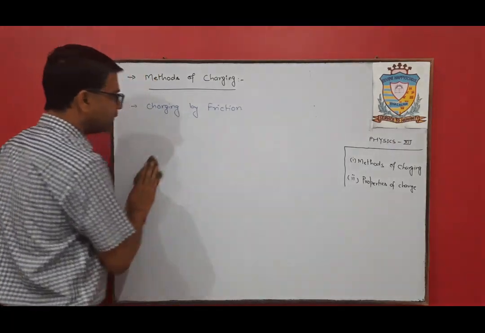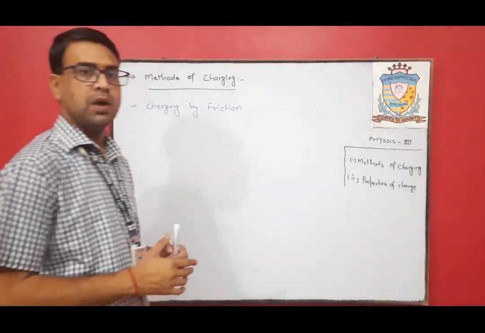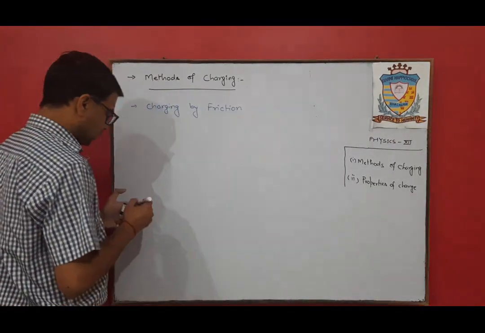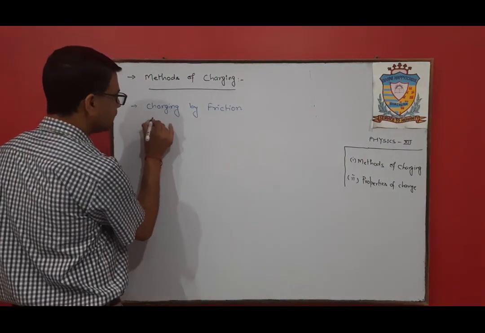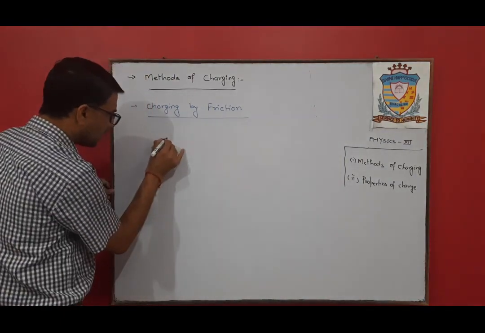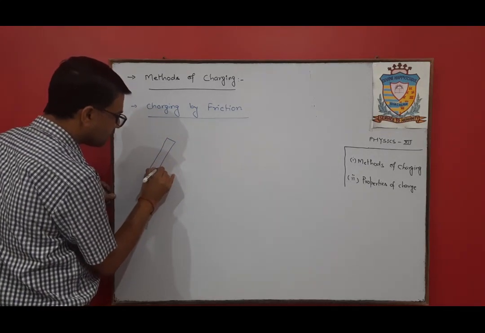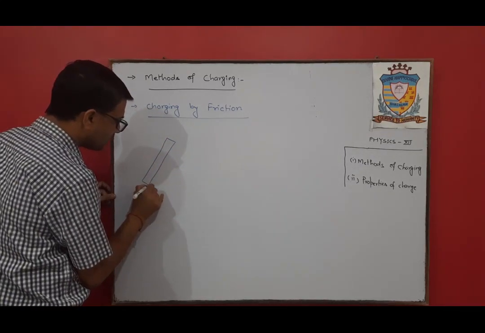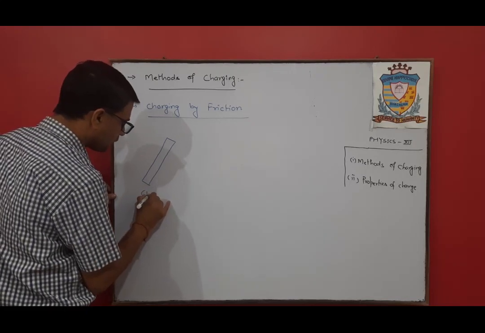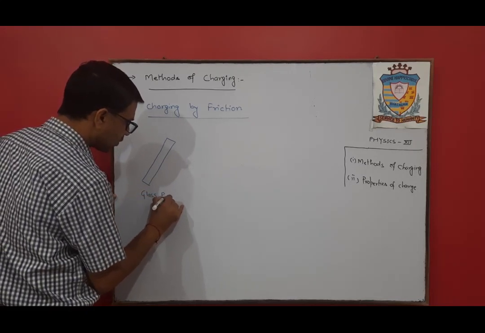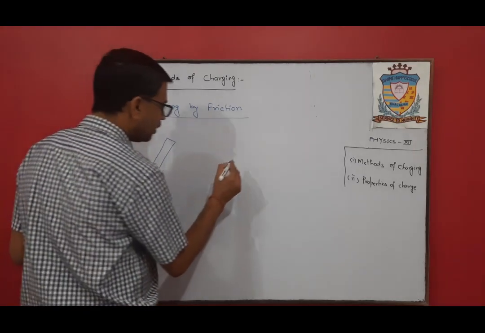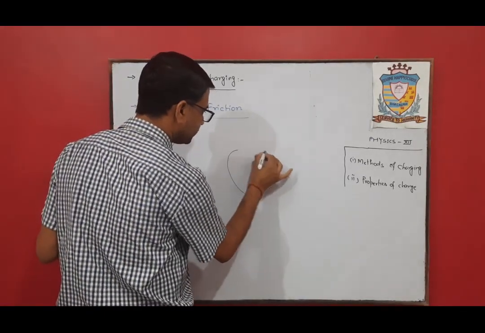So in charging by friction, suppose we have two different objects. Suppose we have one glass rod and a silk cloth.